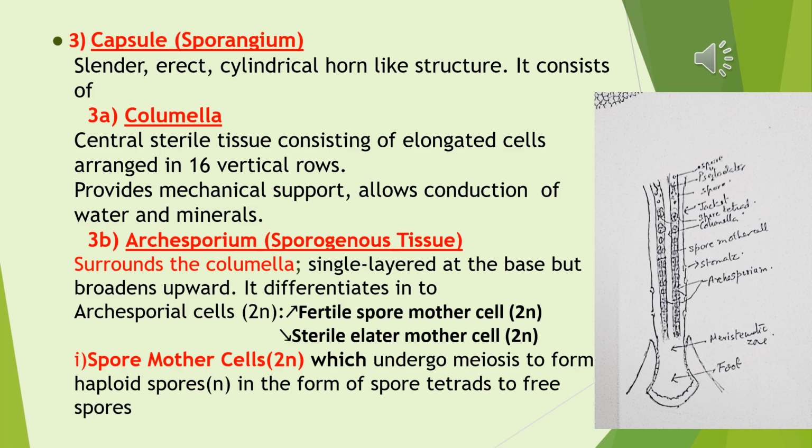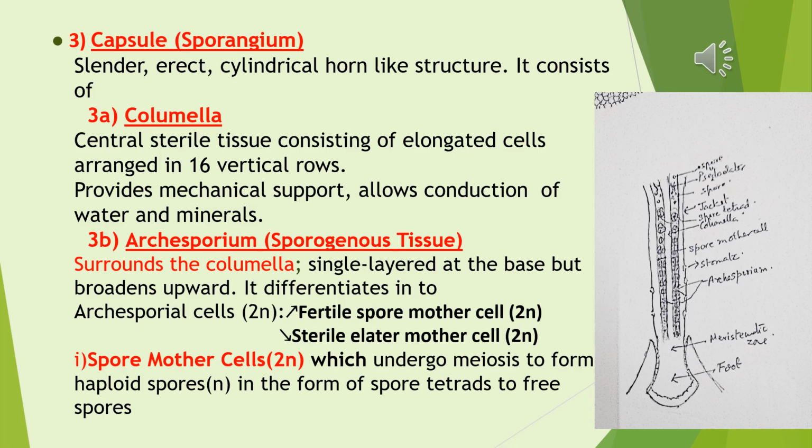Now, first of all, we have already described earlier that it is a cylindrical and long structure. Now, the internal structure within the capsule, we describe it chronologically from the center to the periphery, as that is seen in the figure by the side. First of all, the central tissue is the columella.